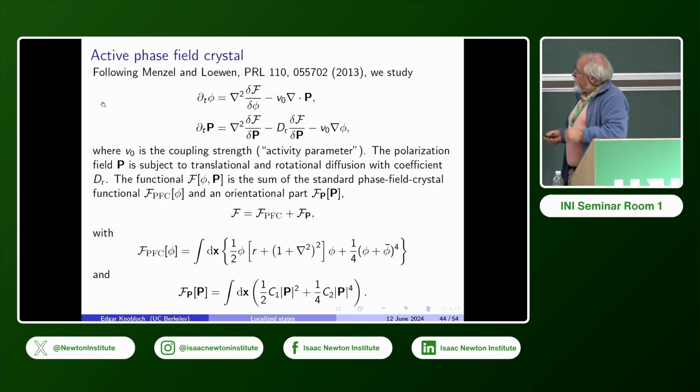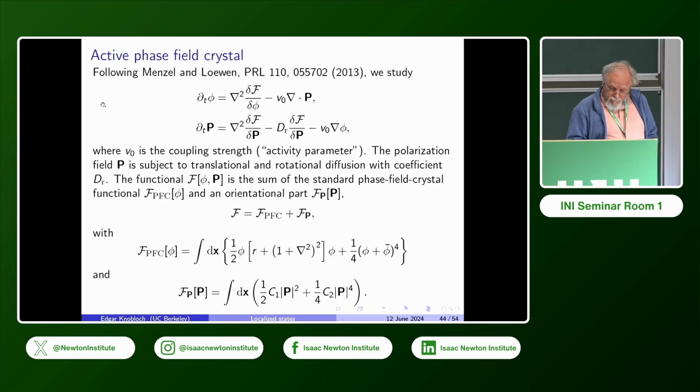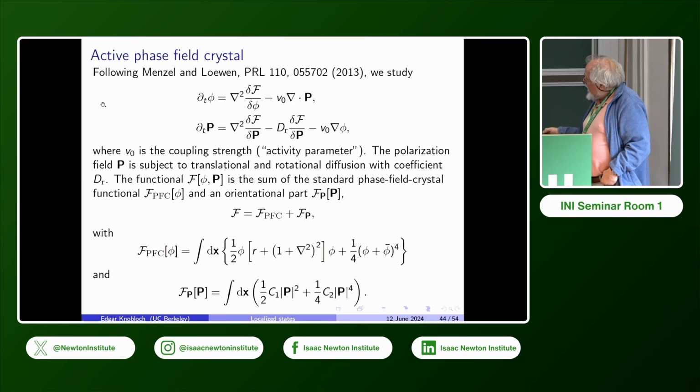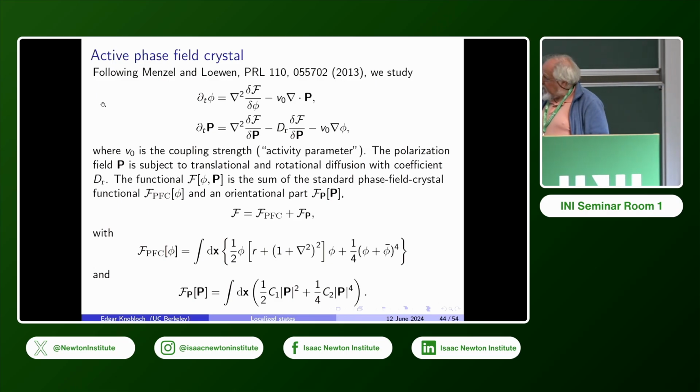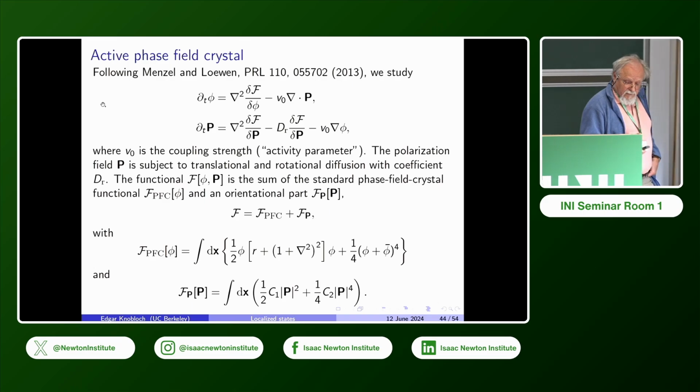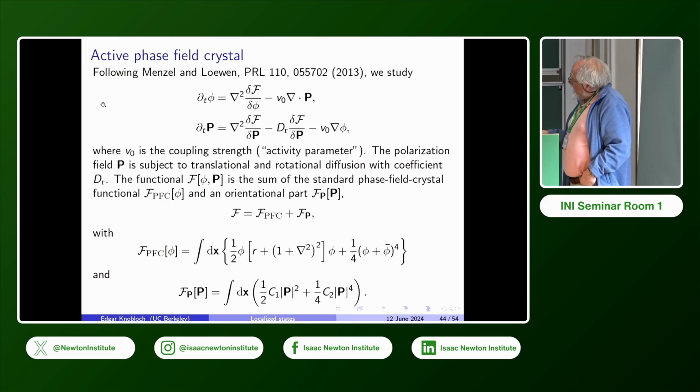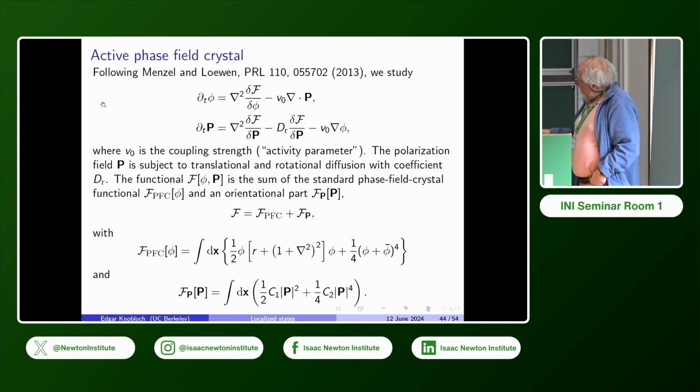But I just want to say a few words about this particular model, which is a conserved equation for phi, but it's coupled to a polarization field P, which itself has a conserved part and a non-conserved part. They are coupled through this parameter V0, which I'm going to call the activity parameter. There is some diffusion coefficient Dr, which is assumed to be positive here.